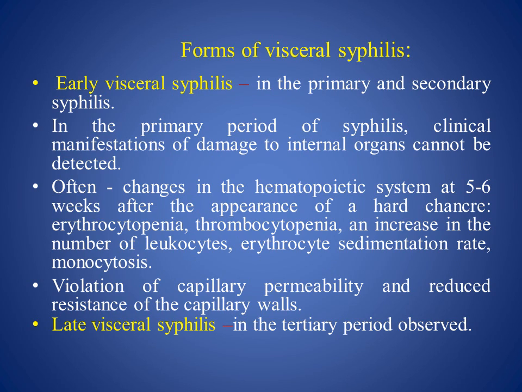In the primary period of syphilis, clinical manifestation of damage to internal organs cannot be detected; often there are changes in the hematopoietic system at 5 to 6 weeks after the appearance of the chancre: erythrocytopenia, thrombocytopenia, an increase in the number of leukocytes and erythrocyte sedimentation rate, monocytosis, violation of capillary permeability, and reduced resistance of the capillary walls. Late visceral syphilis is observed in the tertiary period.